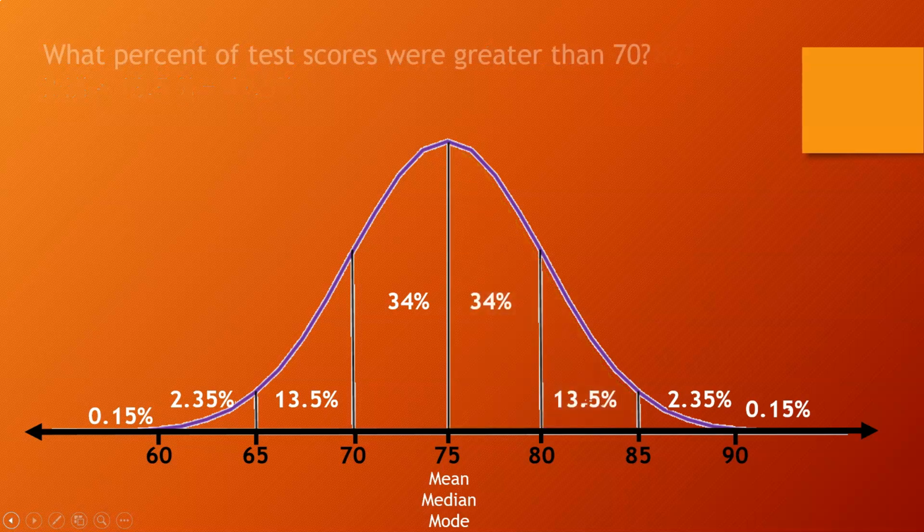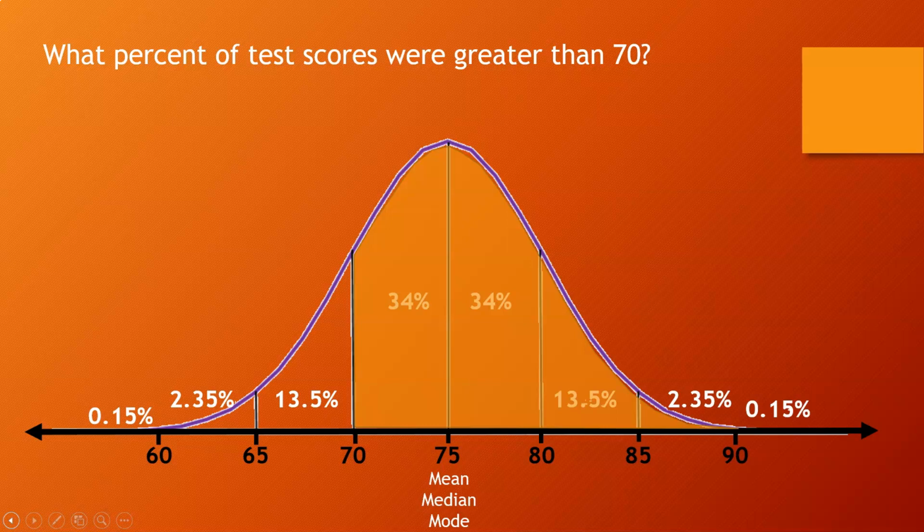Well, what if we want to know what percent of the test scores were greater than 70? Once again, looking at that number line, we're looking for all the test scores that are 70 or above. So we want the area under the curve from 70 all the way to the right-hand side. Now what we could do is add together the 34, the 34, the 13.5, the 2.35, and the 0.15.